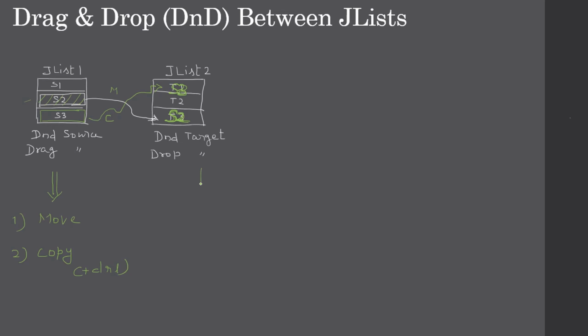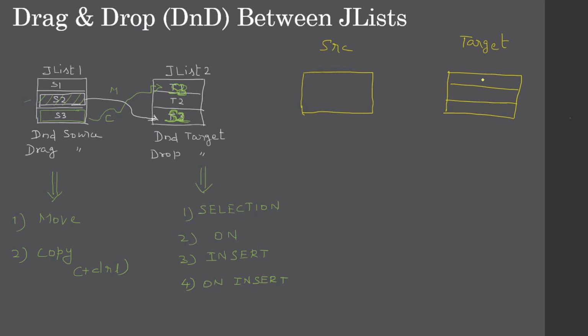So when we talk about the drop target, there are 4 styles here. One is selection, second one is on, third one is insert, fourth one is on insert. Let's say that we have source here and target is here. We will also assume 3 items T1, T2 and T3.